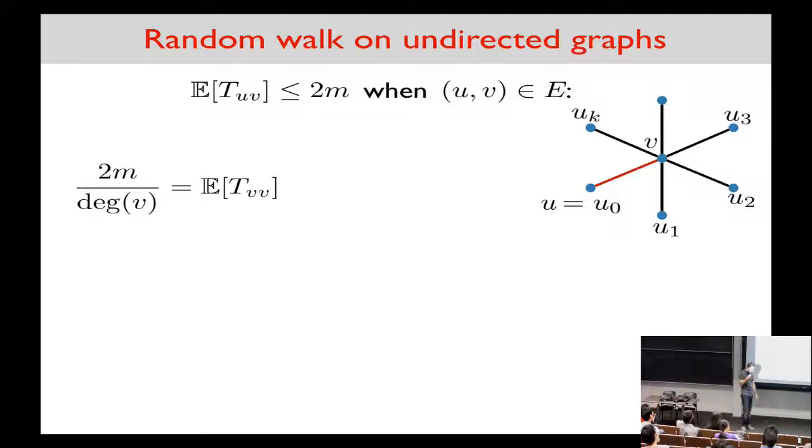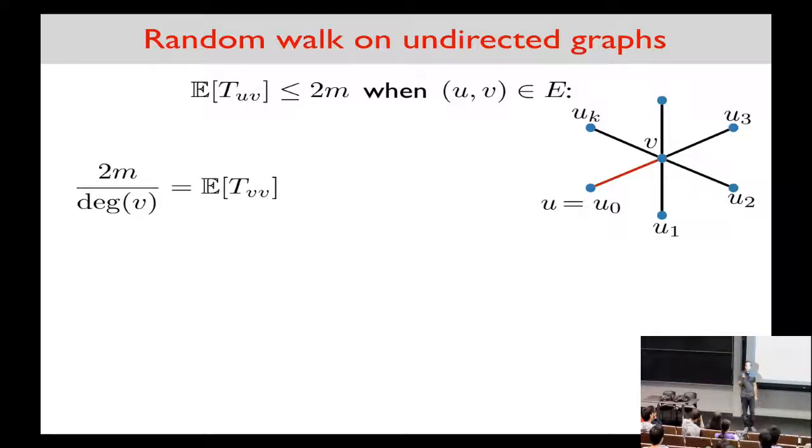Now, why am I interested in that? I know that that quantity is 2m over degree V, but why would that quantity be useful? How can I express it in terms of what I want, which is the expectation of TUV? Well, you can think about the following.